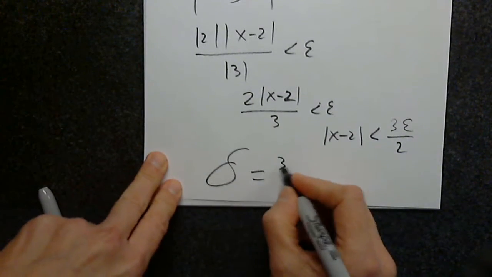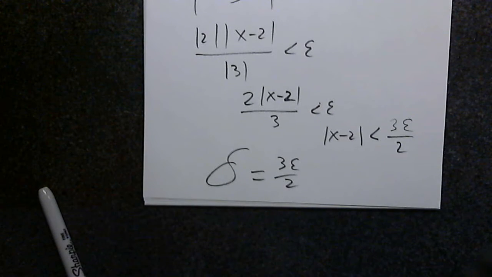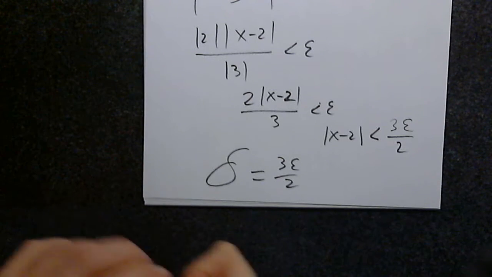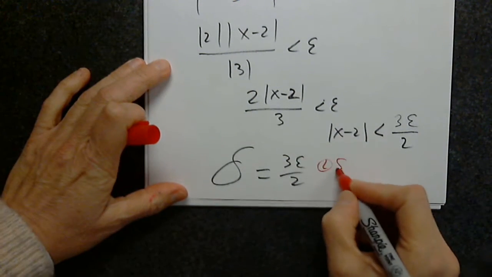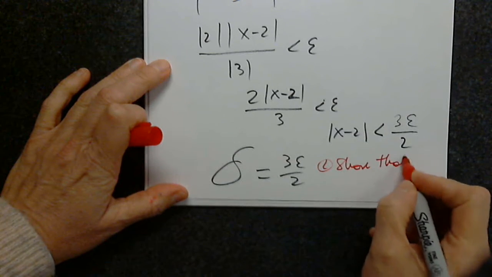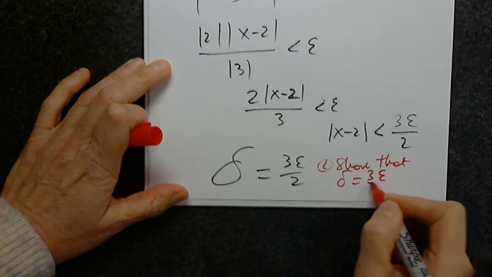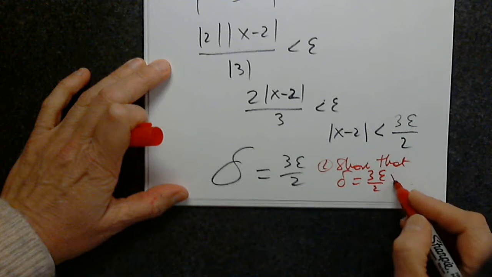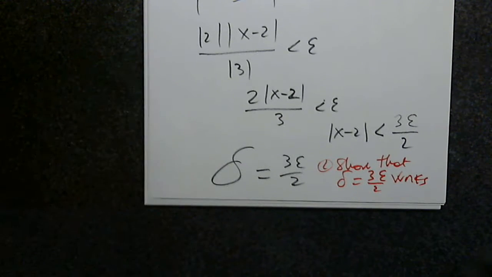That's it. And yes, I have to write just one minor sentence. Step 2, show that delta equals 3 epsilon over 2 works by reversing the steps.